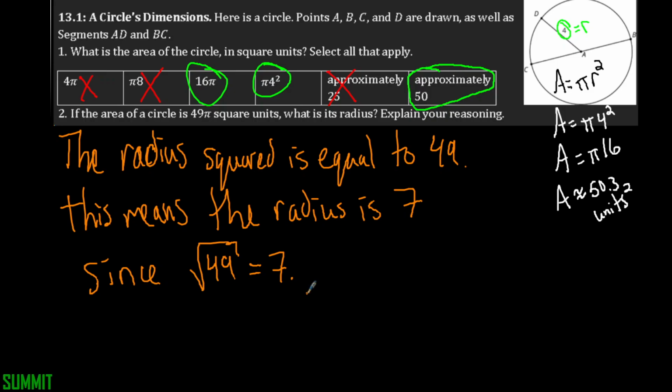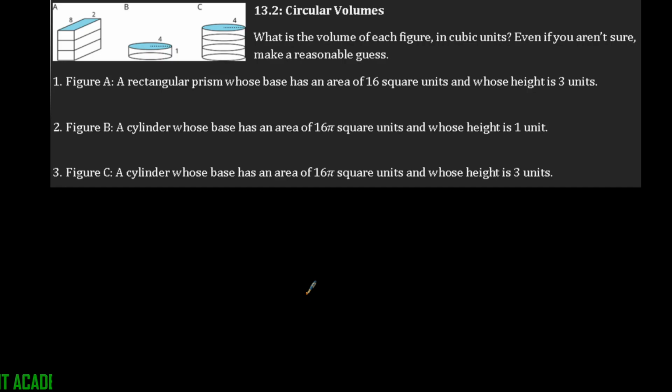Alright, on the next part, it says circular volumes. It says what is the volume of each figure in cubic units? Even if you aren't sure, you can make a reasonable guess. For the first one, figure A is a rectangular prism whose base has an area of 16 square units and height is 3 units.